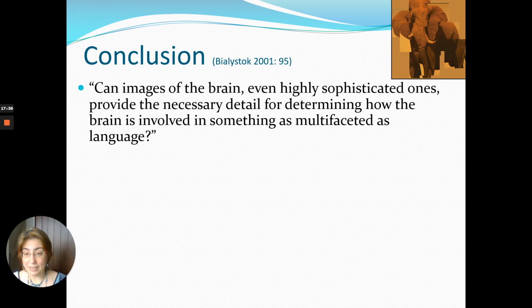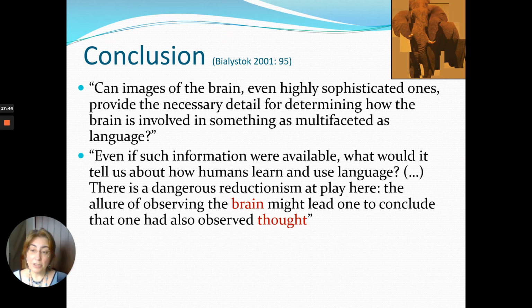Can we learn anything at all from looking at the brain when we're looking at such a complex human ability? And she says, well, even if such information were available, which, as I've told you, so far isn't much, what would it tell us about how humans learn and use language, by looking at the brain and having all these pictures of where the language is?